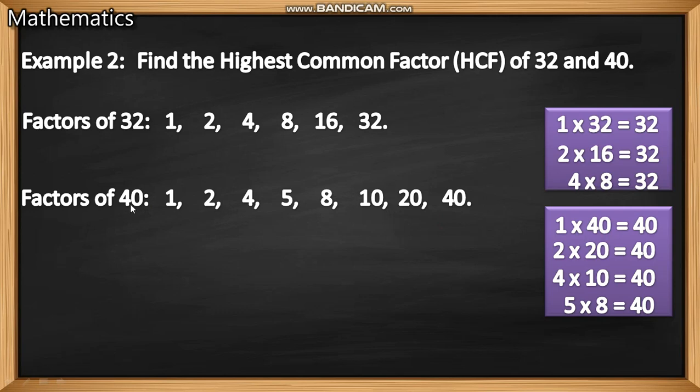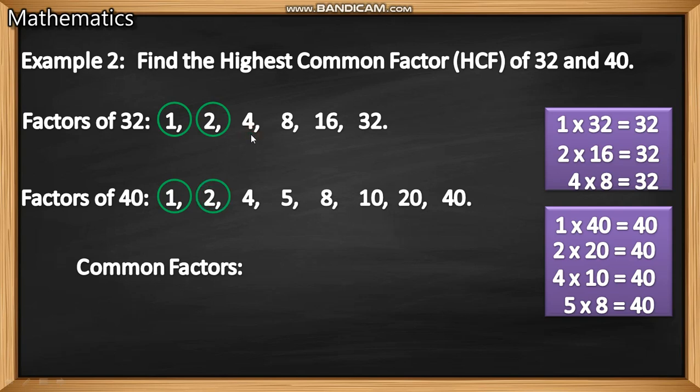Now let's go to the next step, common factors. Which are the common factors? Let's circle them. 1 is here and here, so you may circle 1. And 2 is common here and here also, so 2 and here also 2. Then what about 4?